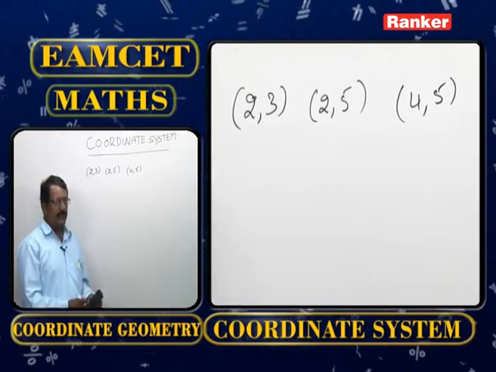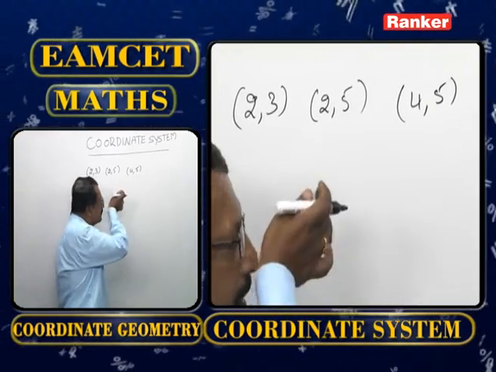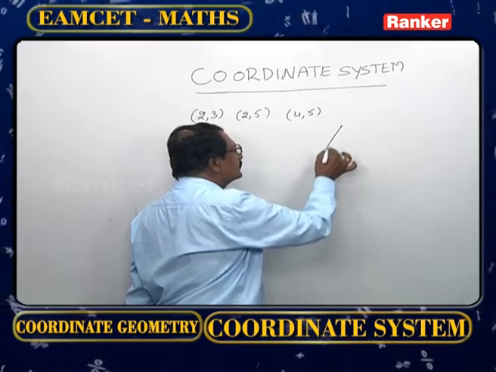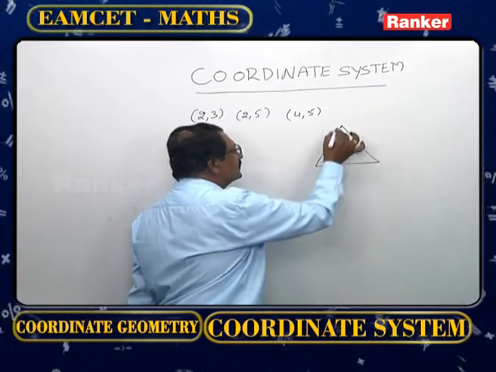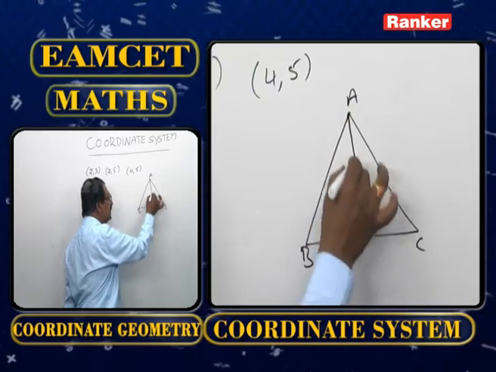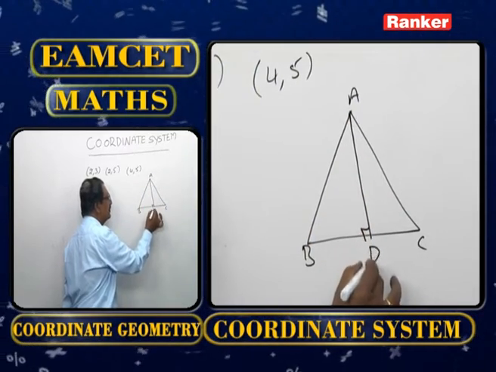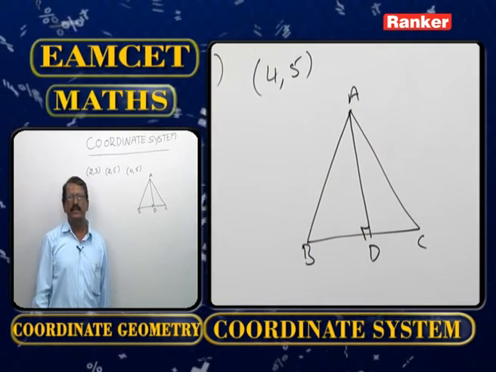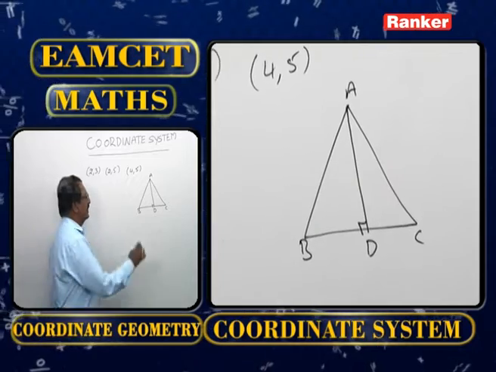Now, the orthocenter of the triangle. Consider triangle ABC. AD perpendicular to BC, so AD is one of the altitudes of the triangle.